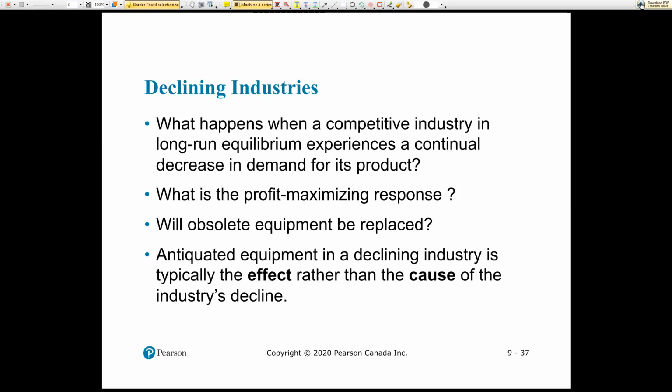For instance, manufacturing was once a thriving sector in Western countries like Canada or the US.